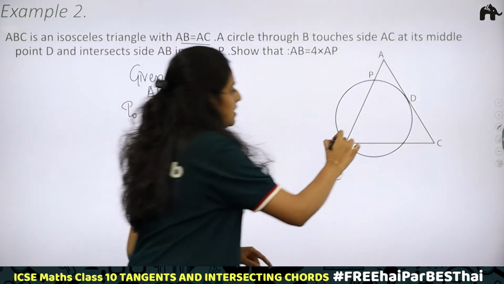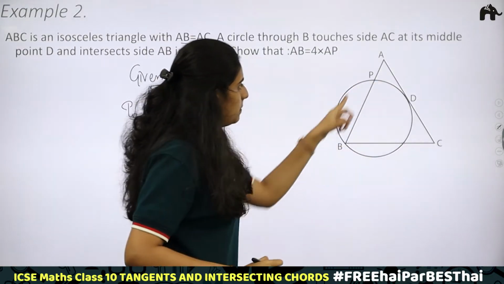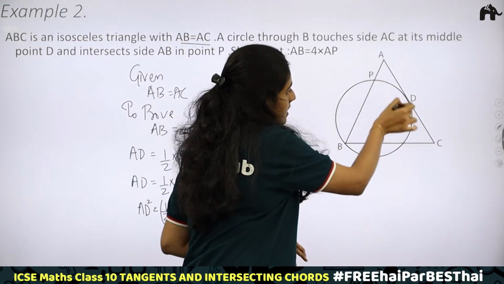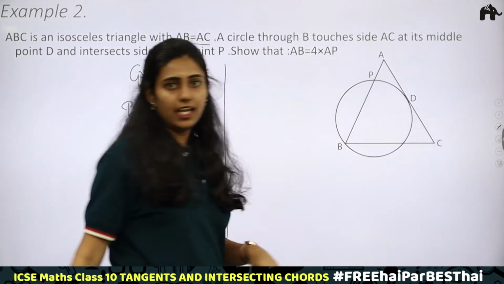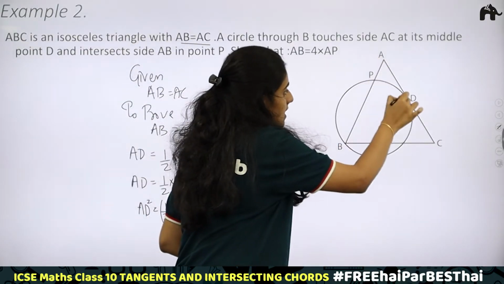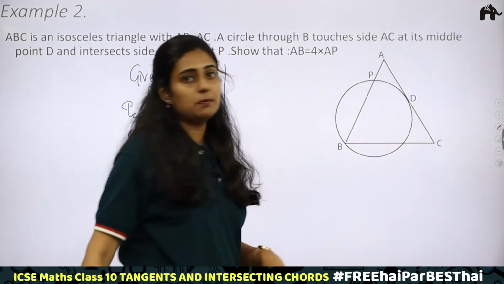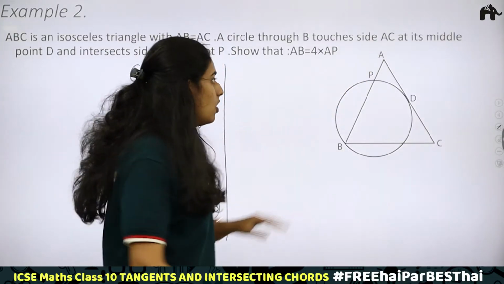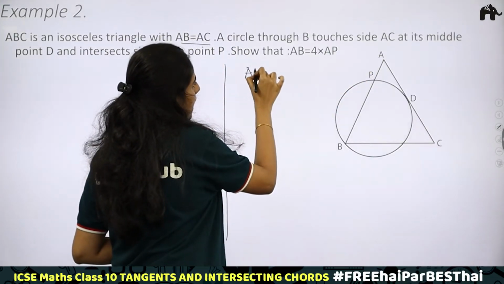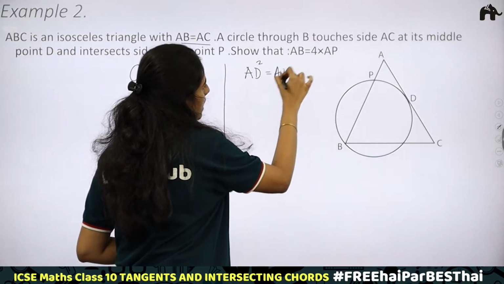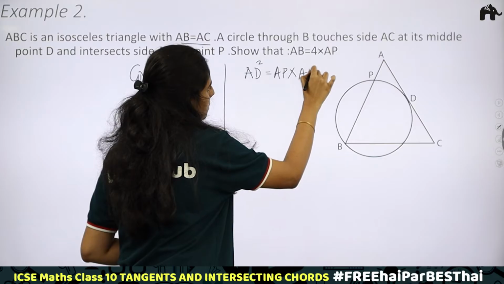Now consider this chord BP. BP is extended to a point A and the tangent, here we have AD. That is, the tangent and the chord when extended intersect at point A. So, according to the theorem, we will be having AD square is equal to AP into AB.